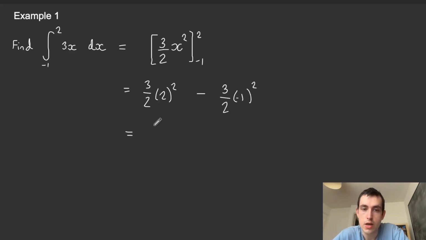In this case, we are going to get 6 minus 3/2, which is 9/2. That's the answer, that's the full value of the integral of 3x from -1 to 2.